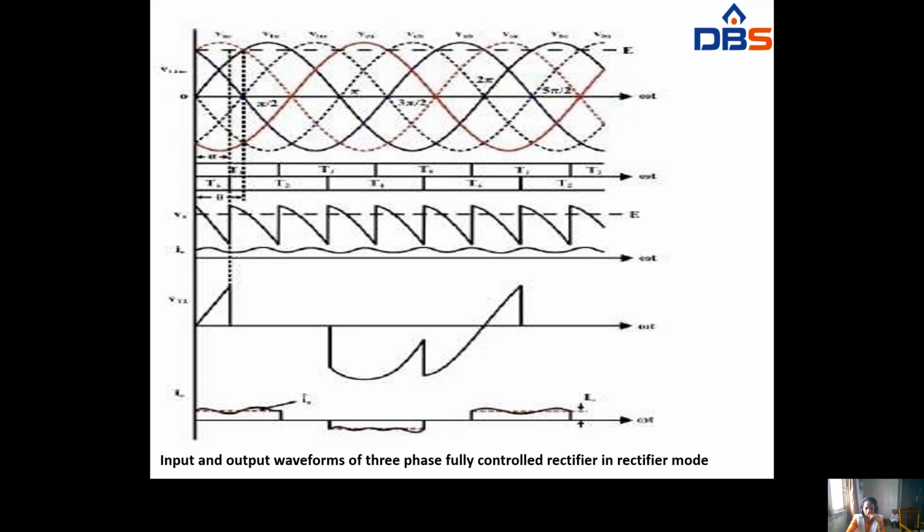The output voltage will be like this, and the output current will be in continuous mode of operation. When you take the VT1 voltage, at the start it will be 0, and after that in inversion mode at 180 degrees it will be obtained, and the input current will be like this. So these are the input and output waveforms of the three-phase full control rectifier.